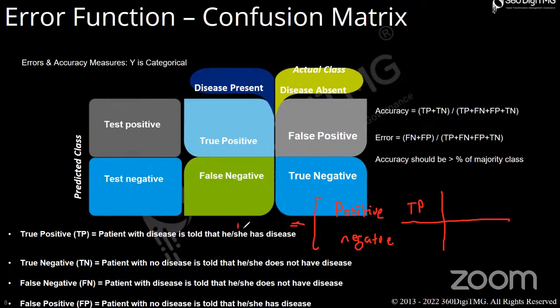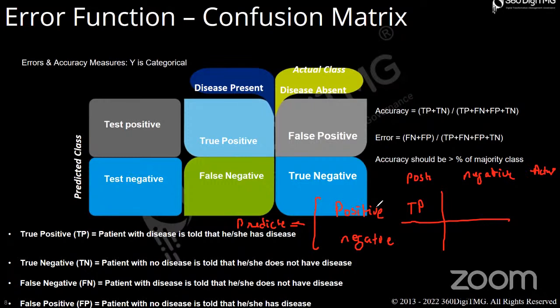Whatever values you have predicted are put here. And this is your positive class and this is your negative class for the actual values. So what were the actual values? Wherever the actual positive values were meeting with the predicted positive values, we call it true positive. And we add that true positive here.